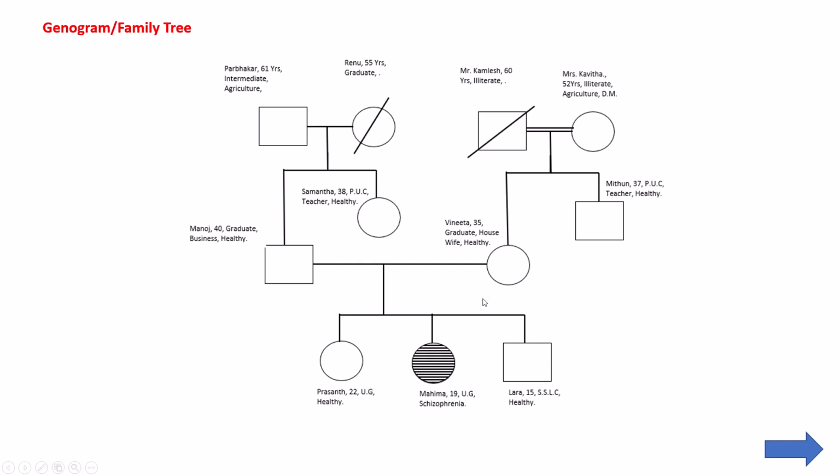And here the patient's mother and mother's family. Here is his younger brother and their parents. Their marriage was a consanguineous marriage. Father died, mother alive. She has a diabetic problem, is 52 years old, illiterate, and she takes care of agriculture, the field work.